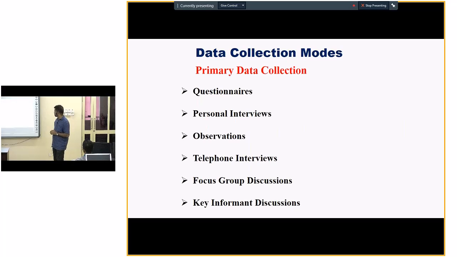Then telephone conversations or interviews, and focus group discussion. If you need to take highly secret things, that means confidential things, you can collect them from focus group discussion, right? As I told earlier, in your case also, what information do they need to apply?